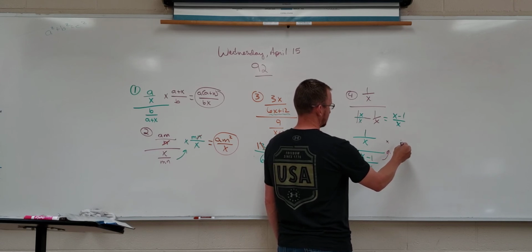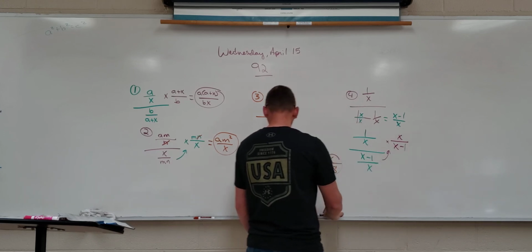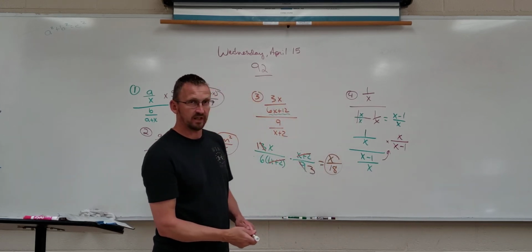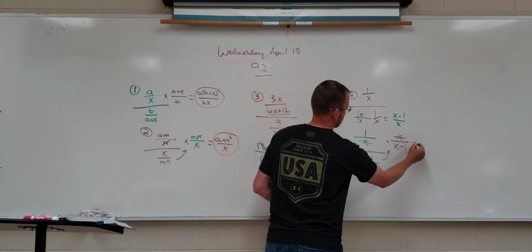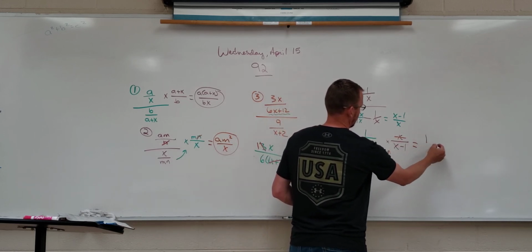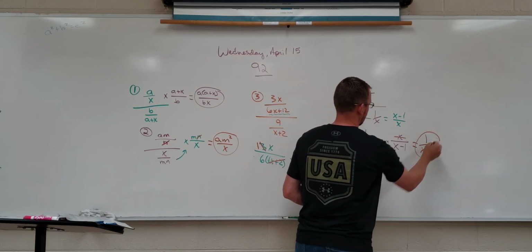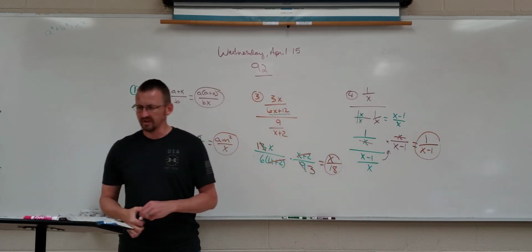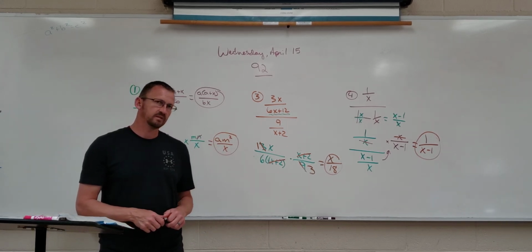So I'm multiplying times x over x minus 1. Can we cancel? Absolutely. Cancel out our x. So I end up with 1 over x minus 1. We must have a common denominator before we can add those.